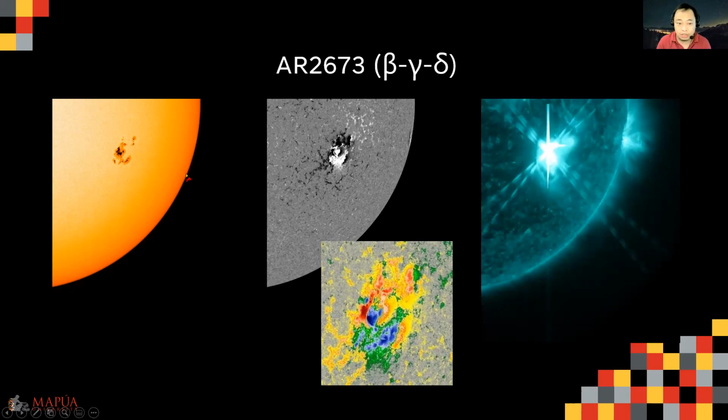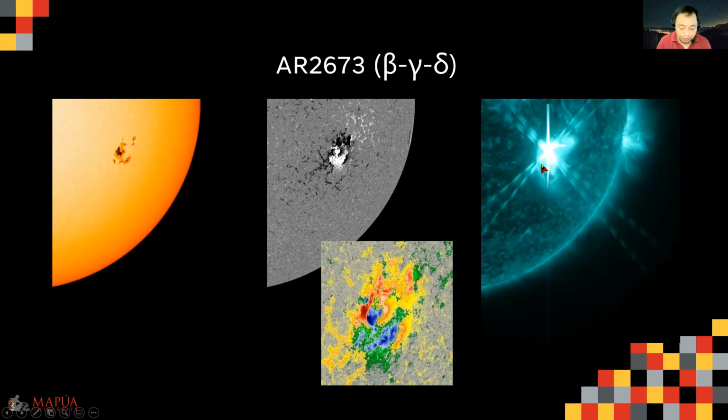Okay, so we use the HMI continuum, the magnetogram, and 131 angstrom images to really understand what happens in this active region. Okay. Now, as you will notice here, there's a very strong brightening in the EUV spectrum.